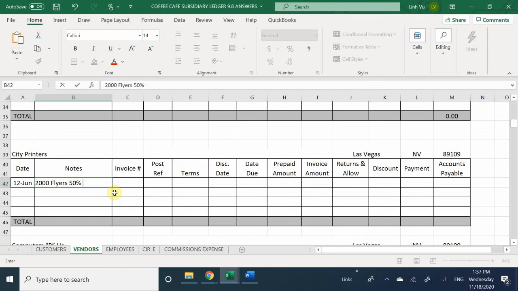So PMT. All right. Invoice number. In this case, I don't have a receipt number. General journal number 4. Of course, when I have advertising, I don't have any terms or anything like that.